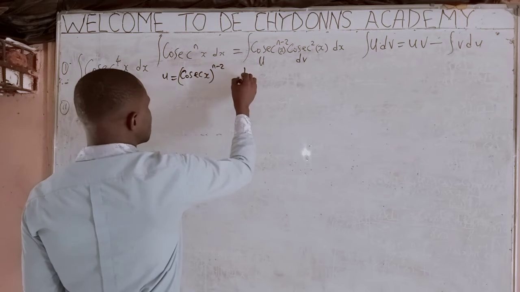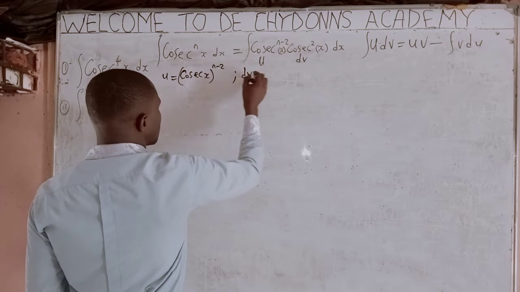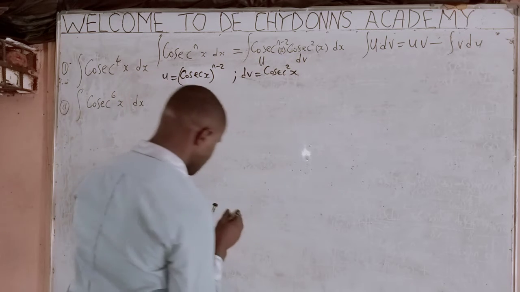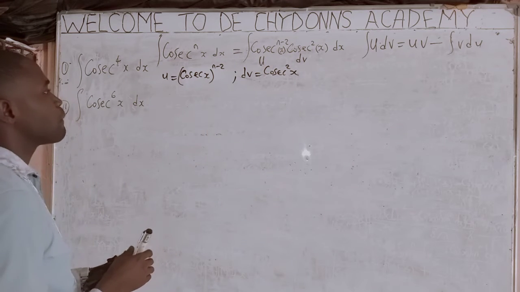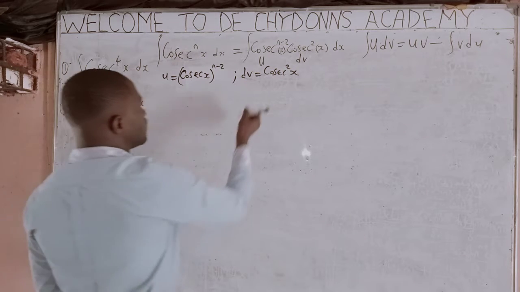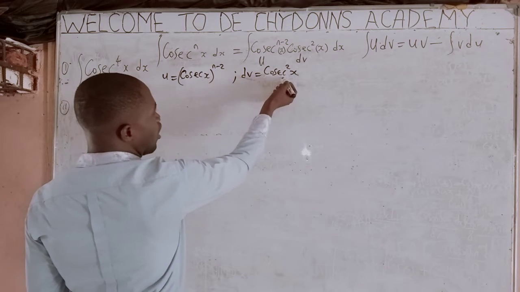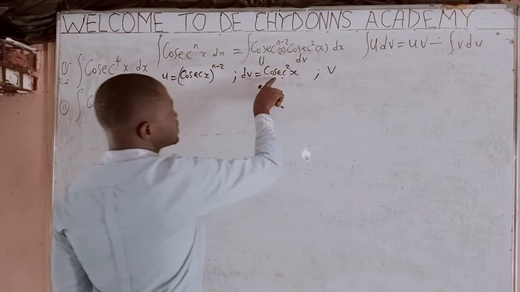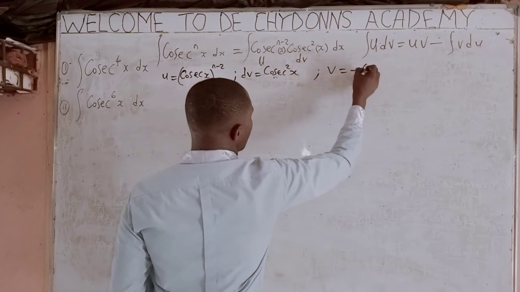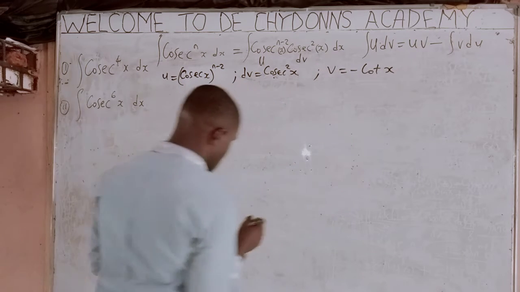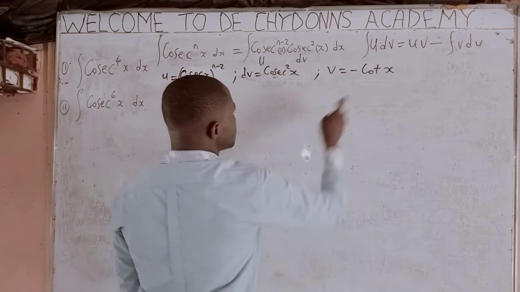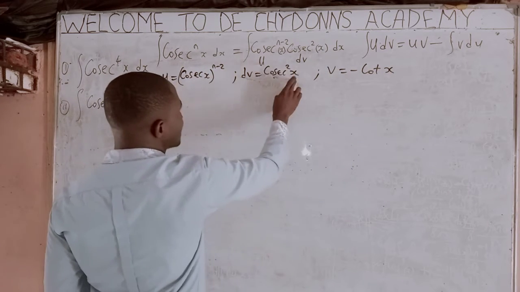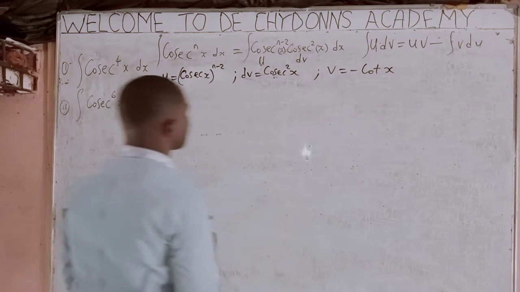Our dv equals cosec squared x. That means this is the differentiation of v already, so if you integrate it, you have v. Integration of this is equal to minus cot x, because differentiation of minus cot x is cosec squared x.